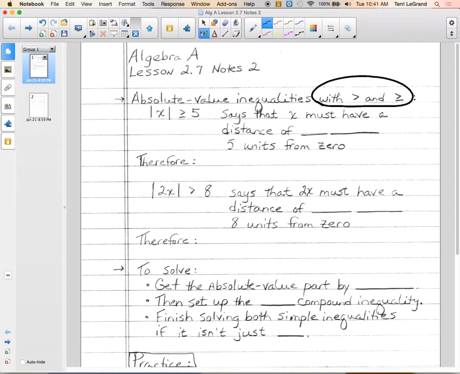So at least 5 units from 0. So we're saying the distance of x has to be greater than or equal to 5. Its distance has to be at least 5 units from 0. That's what it's telling us.